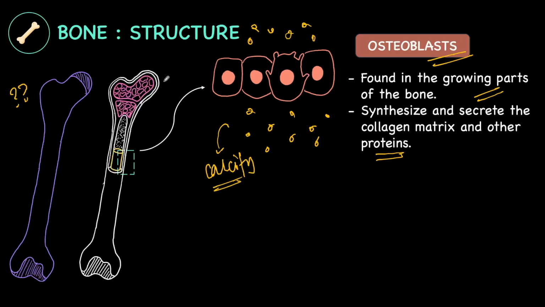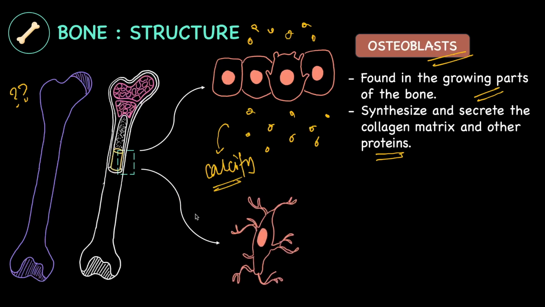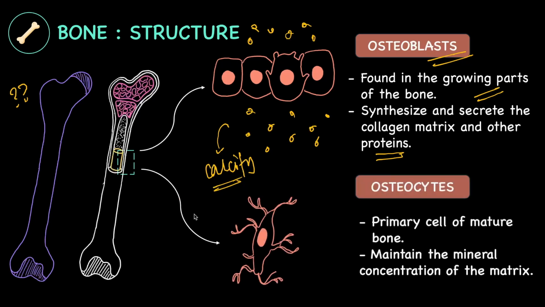When they get trapped, they undergo a change in structure and become osteocytes. Osteocytes are the primary cells in mature bones and they are responsible for maintaining the mineral concentration in the bone matrix. So, you often come across these two words, osteoblasts and osteocytes, as bone cells, but it's important to understand the difference between the two.